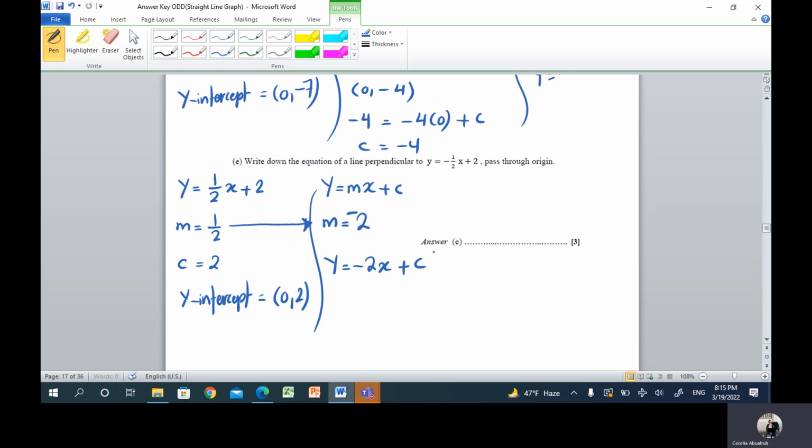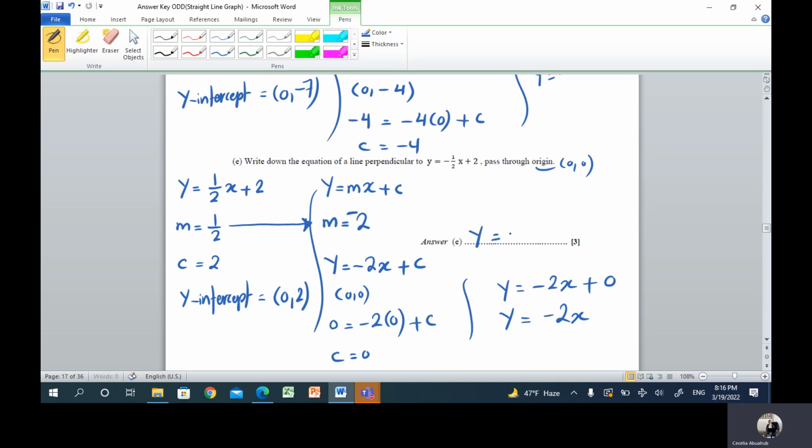Since the line is passing through the origin, (0, 0), we're going to substitute y as 0 and x as 0. So c is equal to 0. Accordingly, the equation of the line is -2x + 0, and it will be just y = -2x.